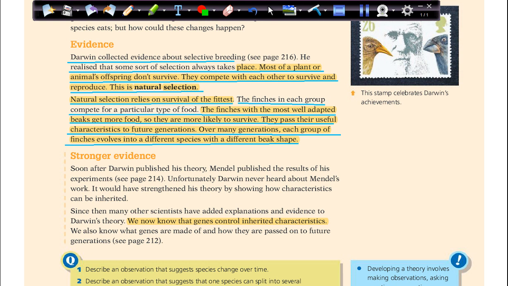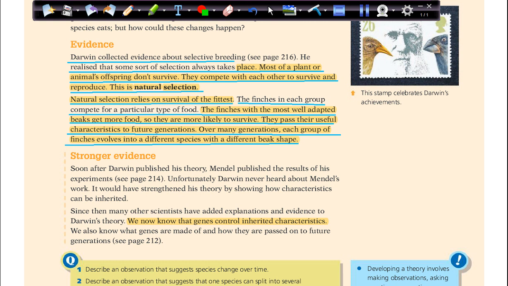So over these generations, each group of finches evolves into different species with a different beak shape, because, as we said, they compete for a particular type of food, so their beaks will be adapted to the food that they are looking for or eating.